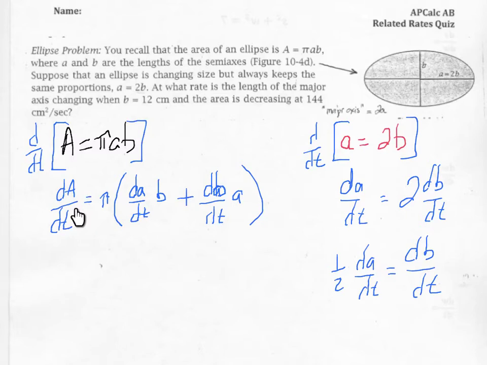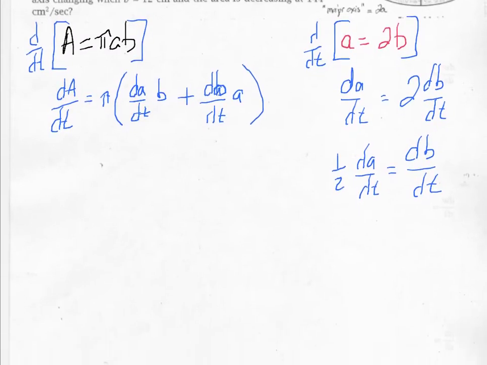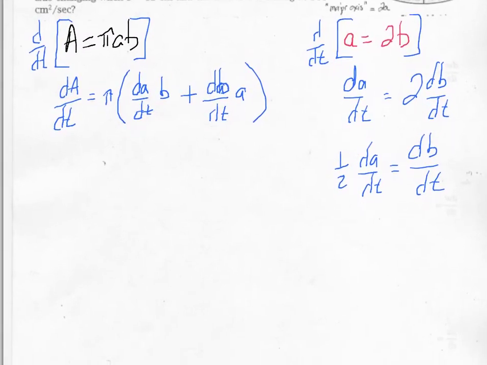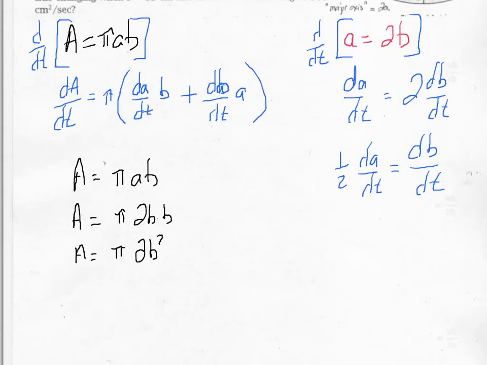Another way that people did this was to go back to the defining relationship, A is equal to pi a b, and then notice that a was equal to 2b, and we end up with A is equal to pi times 2b times b, or A is equal to pi 2b squared.